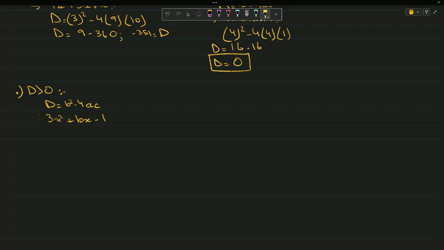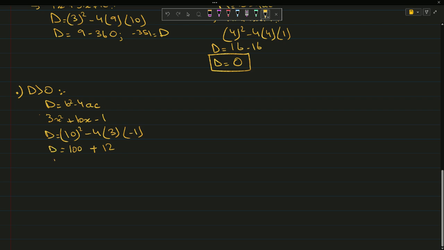So let's put down the values. b is the coefficient of x, which is 10. The square of 10 would be 100, minus 4, which is in the formula, and a, which is the coefficient of x square, and c, which is minus 1. Minus multiplied by minus gets plus. 4 times 3 is 12, and the square of 10 is 100.